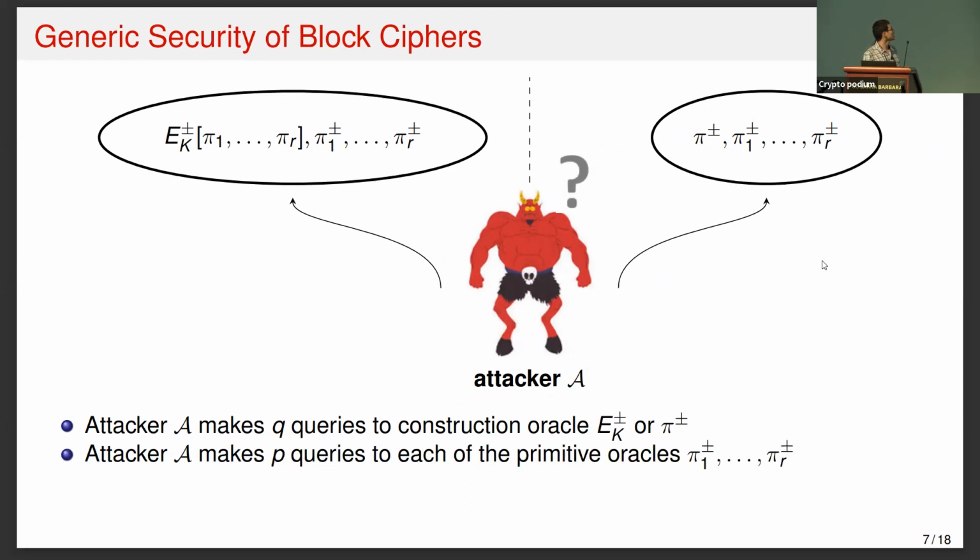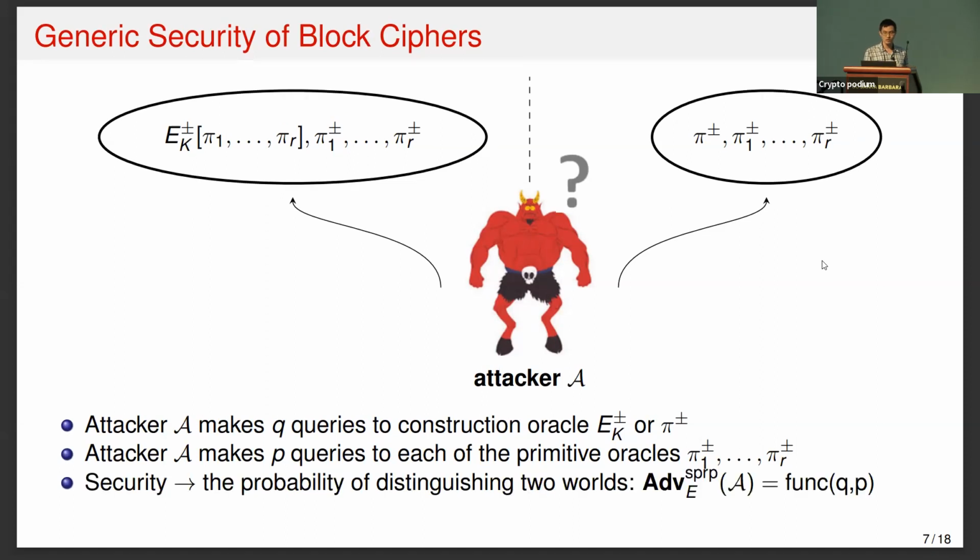At the same time, the attacker can also make p primitive queries to the underlying primitives, the permutations on which the block cipher is built, since we are dealing with the ideal permutation model. After the interaction, the attacker should state which of those two worlds it was interacting with.